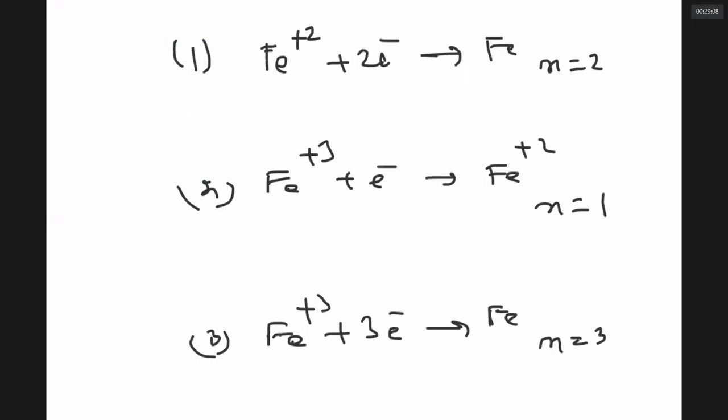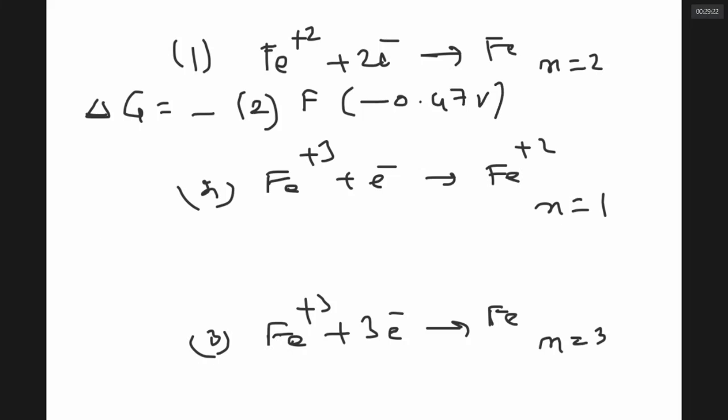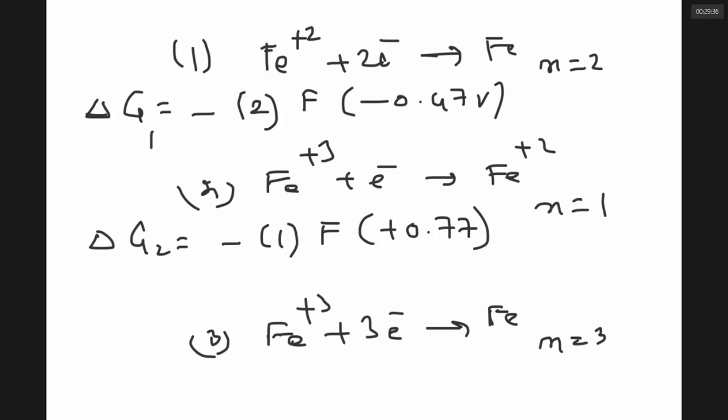Here delta G is equal to minus nFE, the E value given as minus 0.47. Here delta G value, number of electrons involved is 1, F, E value given as plus 0.77 volts. If I add delta G1 with delta G2, I get delta G3, which is equal to minus of nFE. n is equal to 3, F, E3 I don't know.